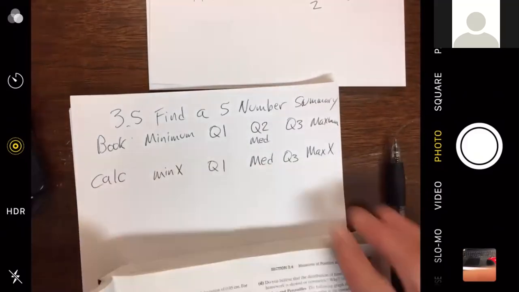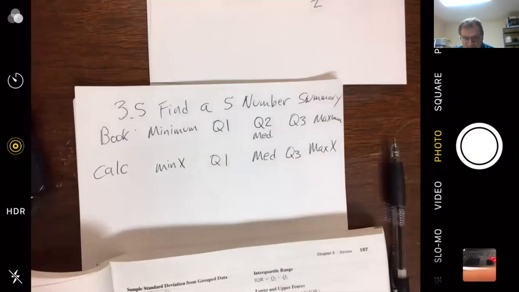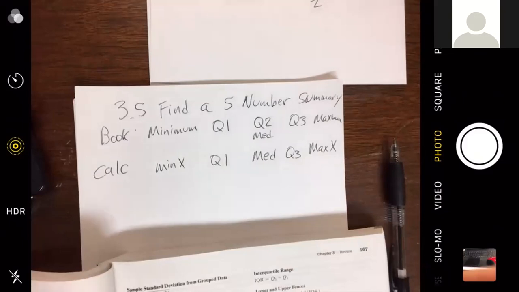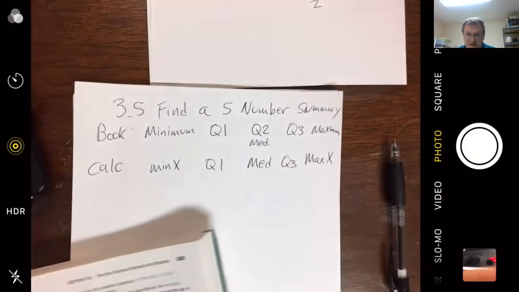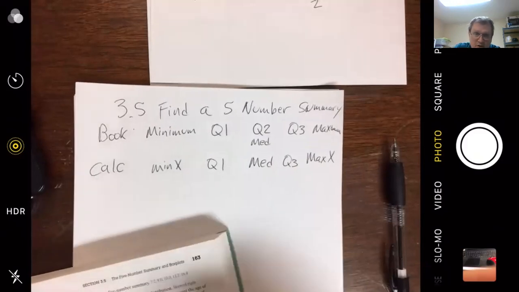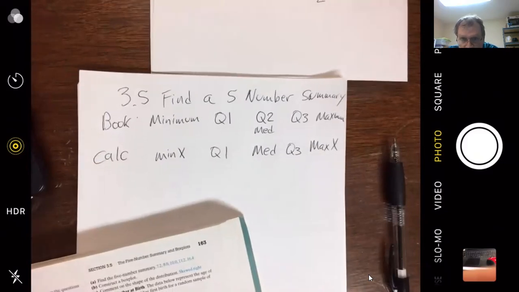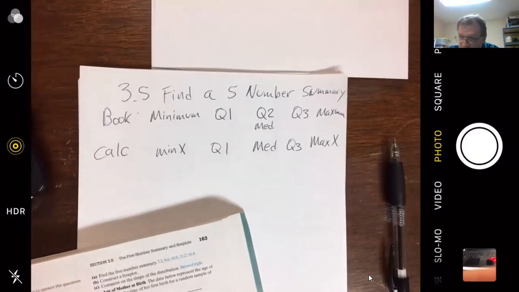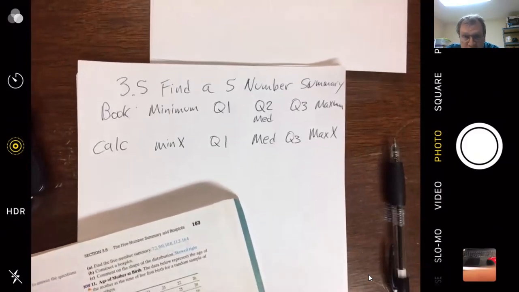I have a question. What if we are given more than 5 numbers and we don't have a calculator like yours? How can we figure out the 5 numbers? Well, that's a good point. You're going to have to figure out on your calculator what these individual things are. I only really teach the 84 because that's the official school calculator.